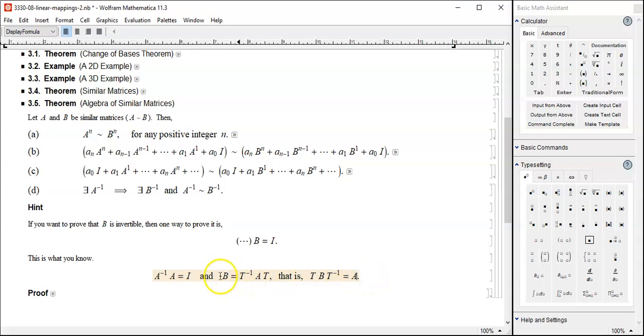How to get from here to there is left to the students. Now you can use this and that so that you end up with this. Okay, I'll stop here.